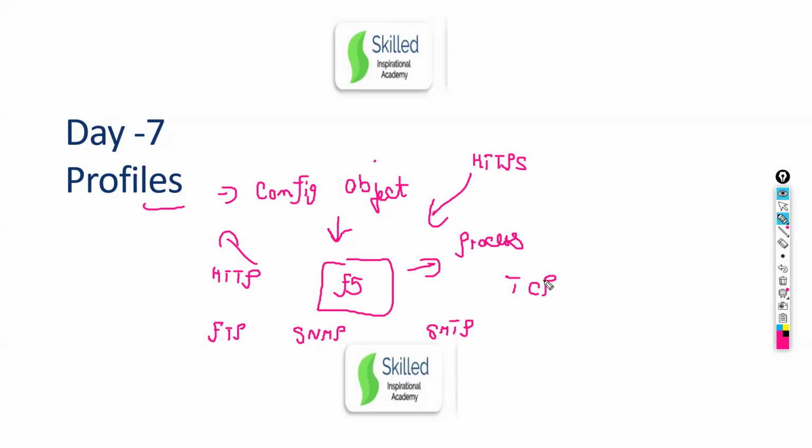So this profile section will help. It will help to understand the behavior of protocols, and network and application level protocols. It is a very powerful object, basically, which will control how F5 will process different types of traffic.